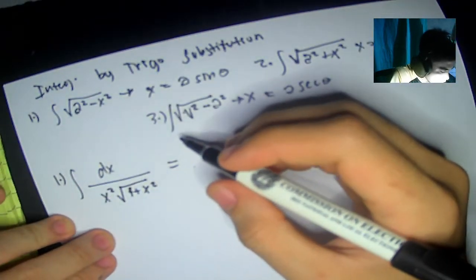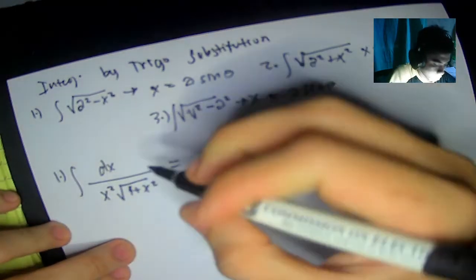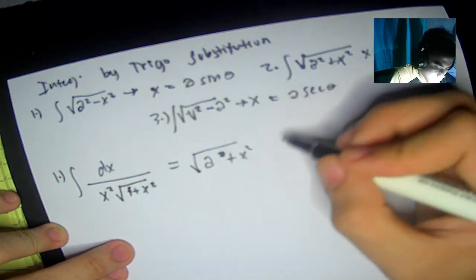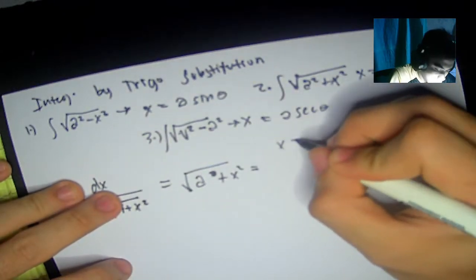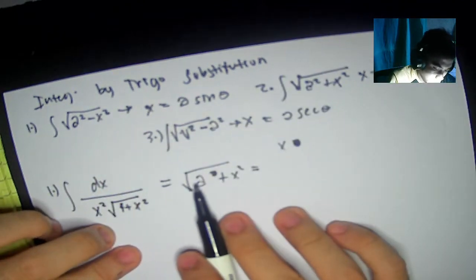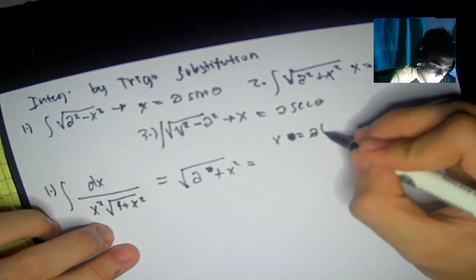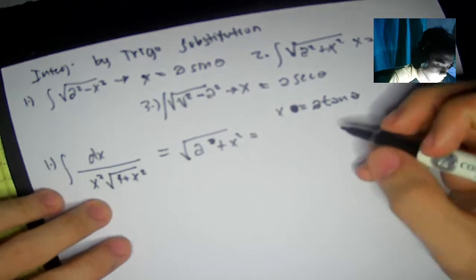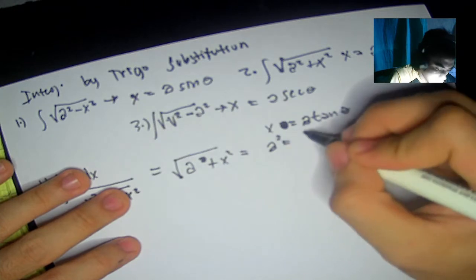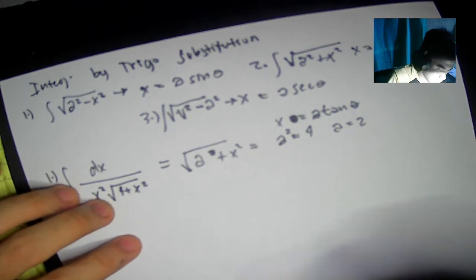So you can see here it is a squared plus x squared, so x equals a tangent theta. So a squared is equals to 4 and a is equals to 2.